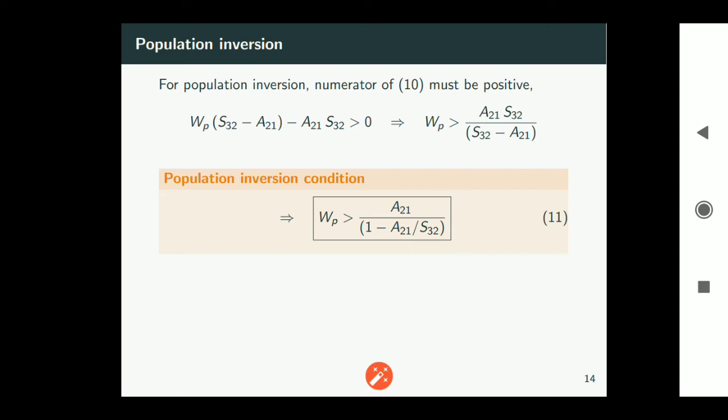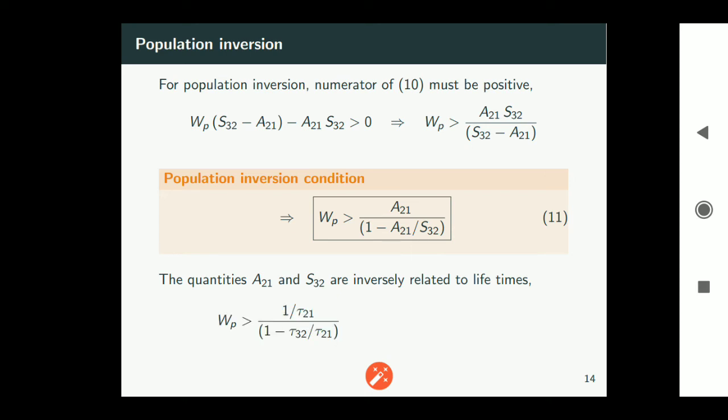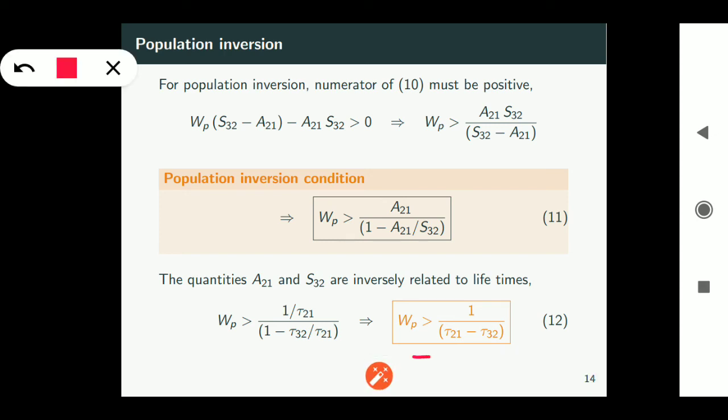Now all these A21, S32 are actually related inversely to the lifetimes of their excited states. Therefore, equation 11 can be written in this manner: Wp is greater than 1 by tau 21 divided by 1 minus tau 32 by tau 21. So that can be further simplified and rearranged in this manner, in which everything is multiplied by tau 21.